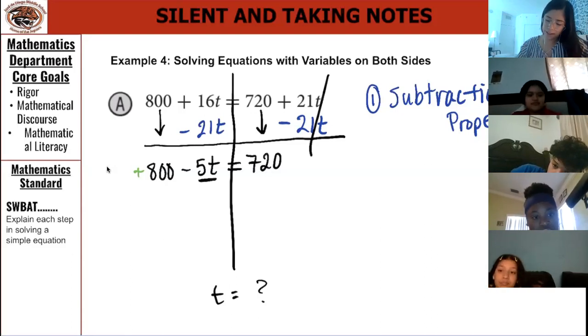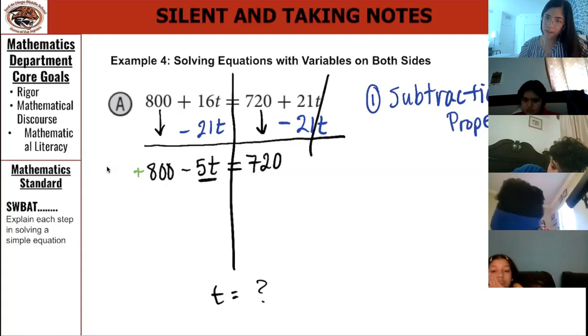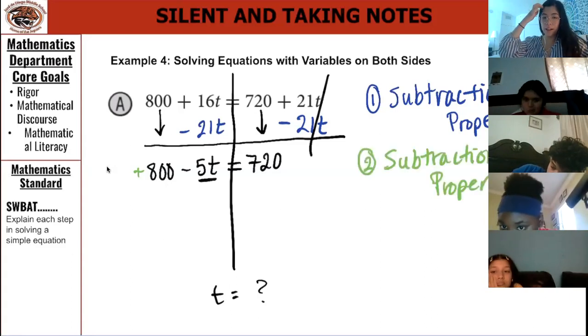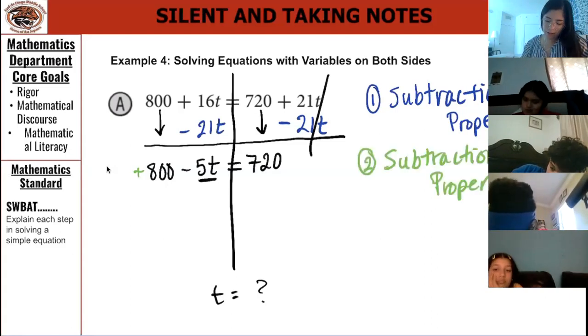Subtract it. Exactly. So we're actually going to do the subtraction property again. But this time, I'm not getting rid of the t, I'm going to get rid of the 800. So I'm going to subtract 800 from here and subtract 800 from over there.